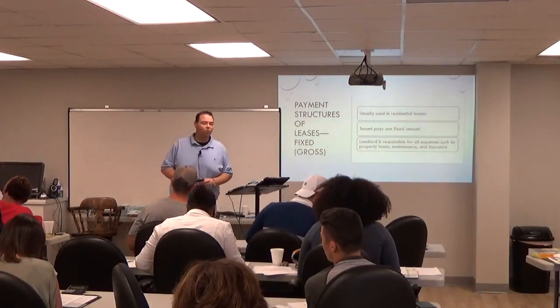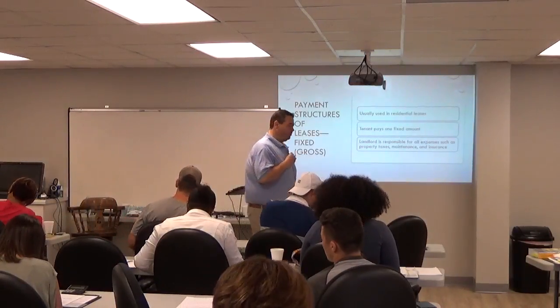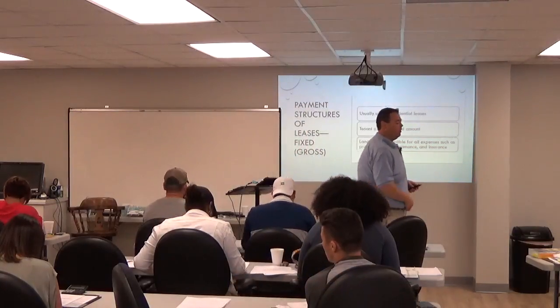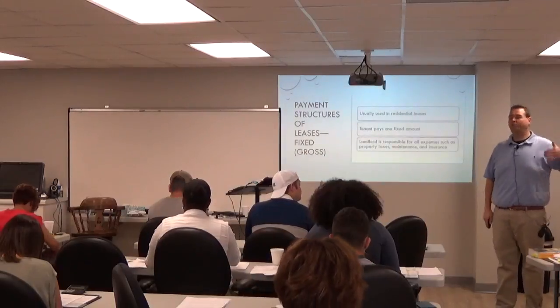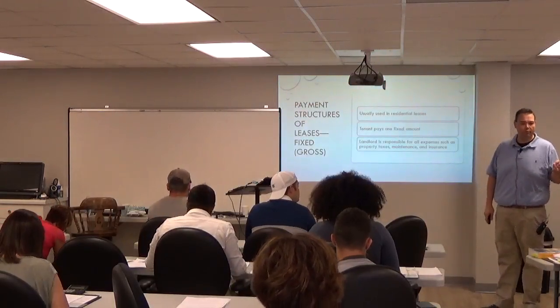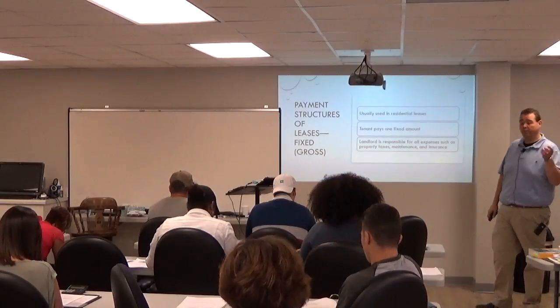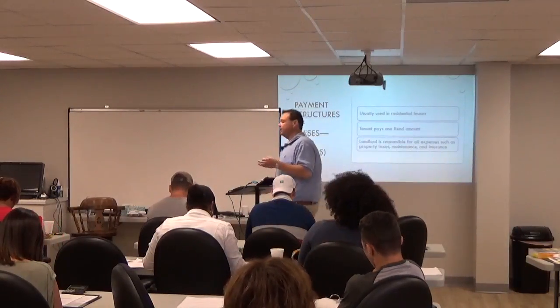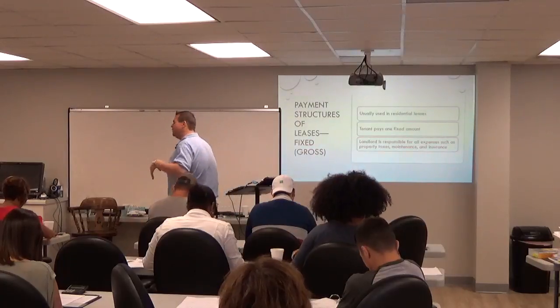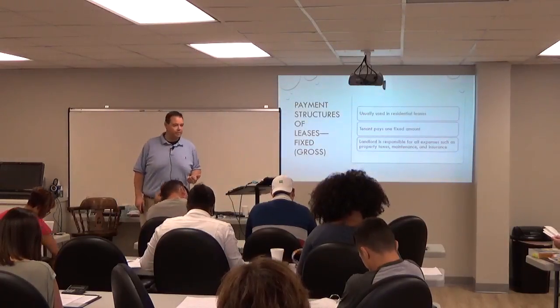So before we went to the break, we talked about the different structures of leases as far as how they end. We talked about the 4 different types: the periodic tenancy, the estate for years, the estate at will, and the estate at sufferance. Those are the legal structures, the 4 possibilities.